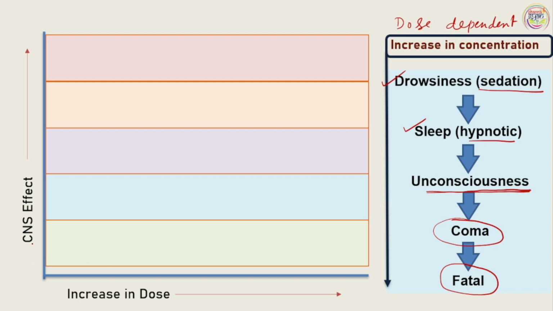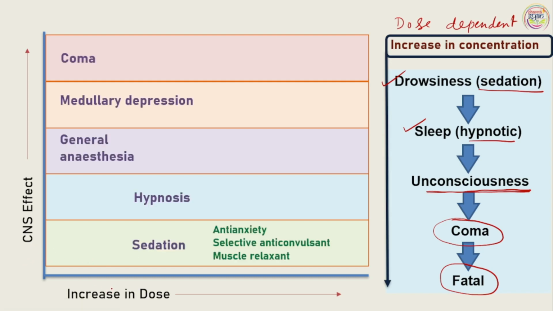If we plot the graph between the CNS effect and increase in dose, we classify the different states of CNS effect: first, at the low dose, the sedation effect, that means anti-anxiety, selective anticonvulsant or muscle relaxant activity. Next is hypnosis. Next is general anesthesia or unconsciousness, medullary depression, and next is coma.